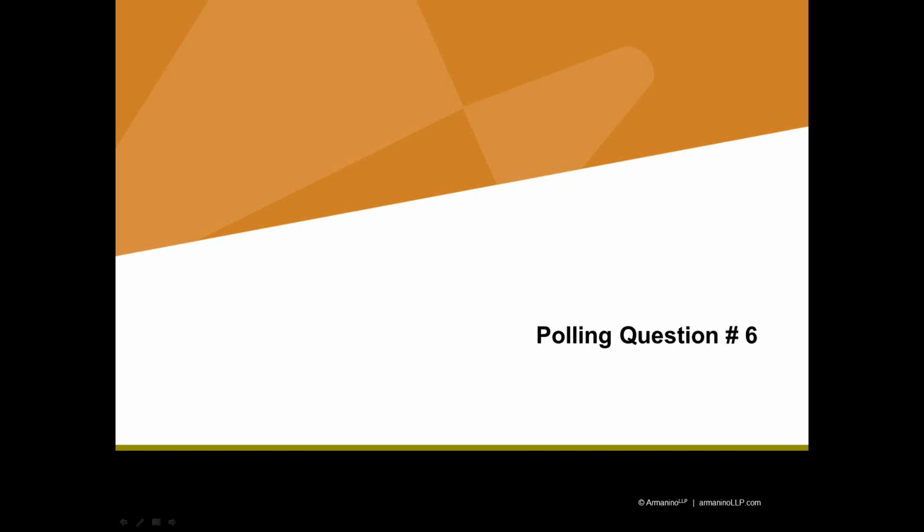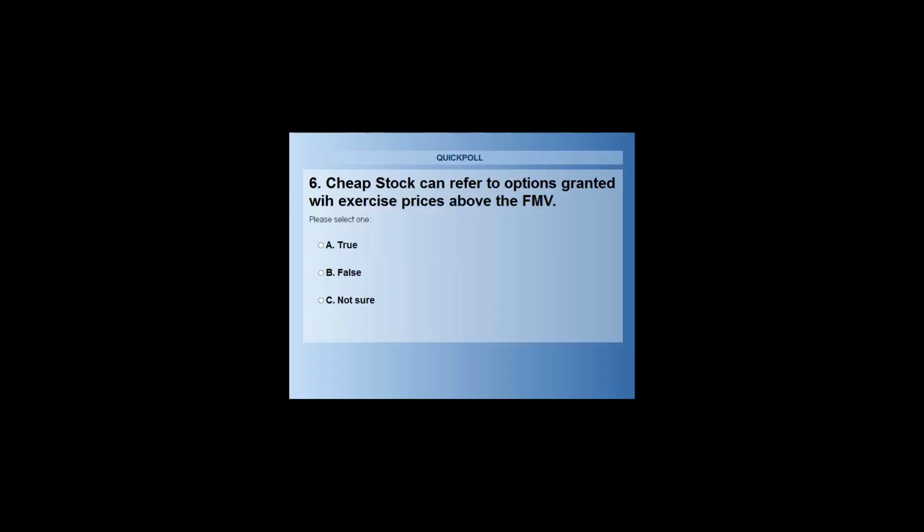Okay, great. So let's do the last polling question. Cheap stock can refer to options granted with exercise prices above the FMV. Do you think that's A, true, B, false, or C, not sure? And for those of you that don't know what FMV is, fair market value.